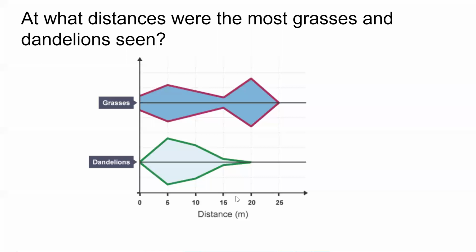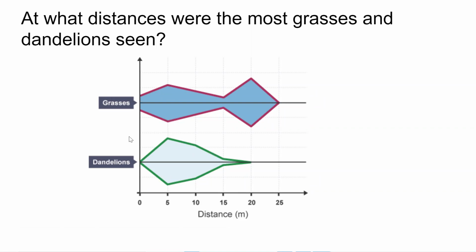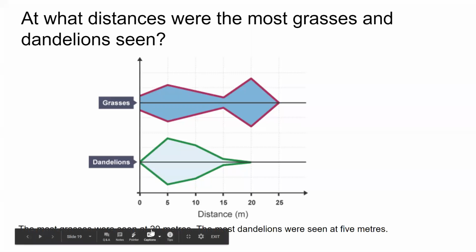Sandhya, right. Shrutika, correct. So basically, yes, Disha, for grasses, it is actually 20, not 17.5. And for dandelions, it is 5. Okay. So basically, you have to find answers from the graph this way. This is the simplest question. So most grasses were seen at 20 and most dandelions at 5.